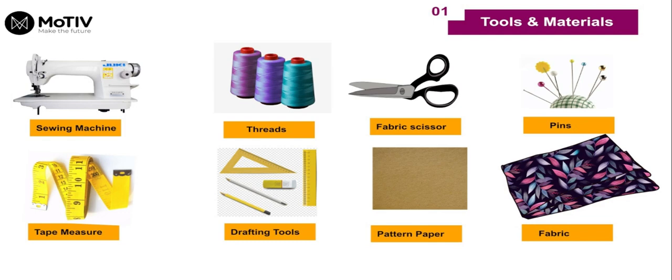Since this is a small piece of garment, you can still use a normal paper, a simple A4 paper should be able to do for you to develop your patterns. And you need fabric. If you cannot access fabric, you have some old fabrics at home, you can still upcycle it and translate it into something that is very useful.